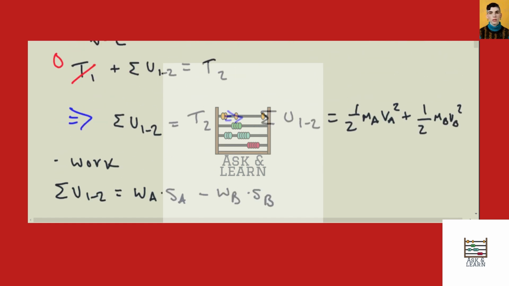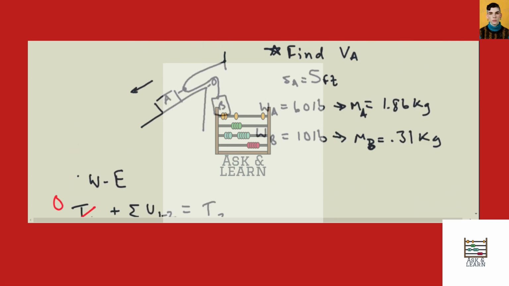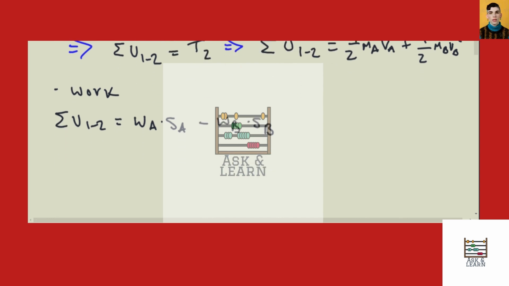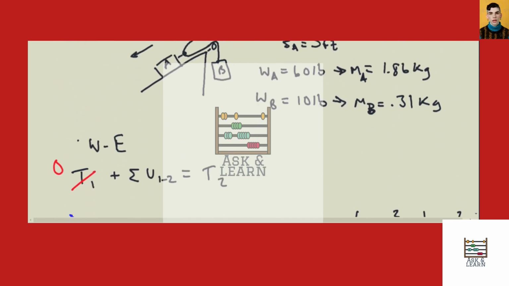But block A is at an angle, and so we can't just say weight A, or the force, times the distance because it's at an angle. So you want to find the force at that angle.